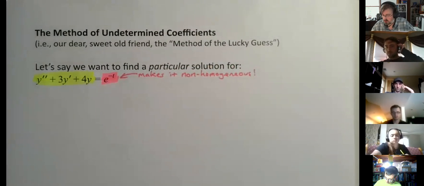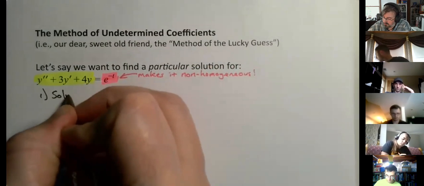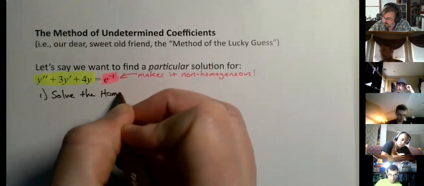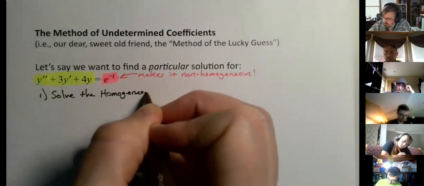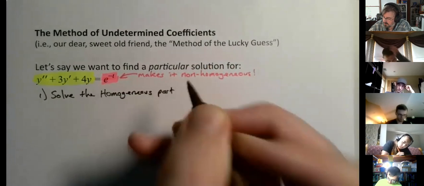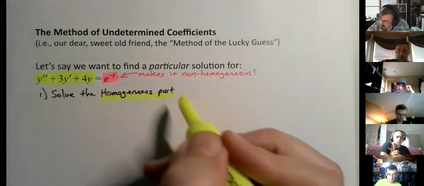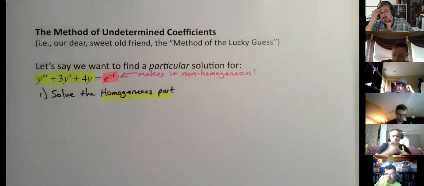And so if I want to solve this thing, my first step is going to be to solve the homogeneous part. And of course, we just got done saying the homogeneous part. That's the stuff that I highlighted in yellow.